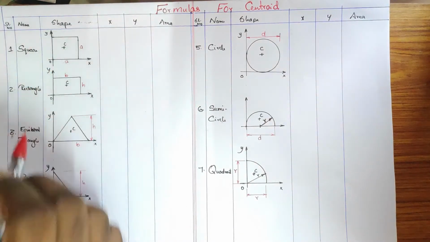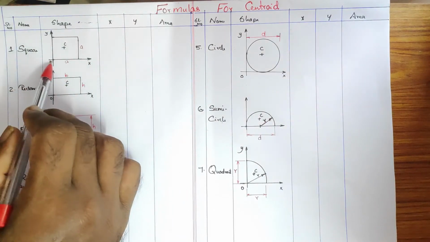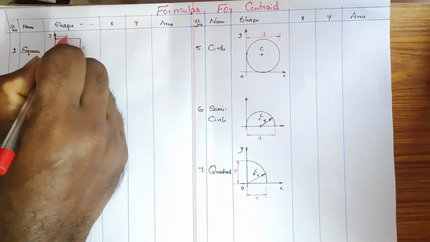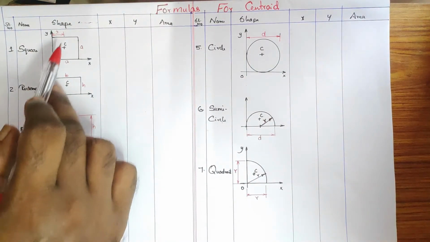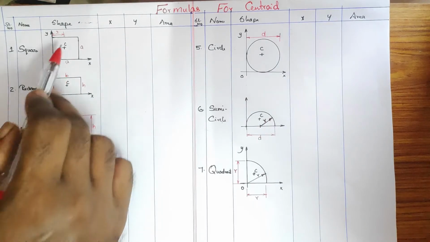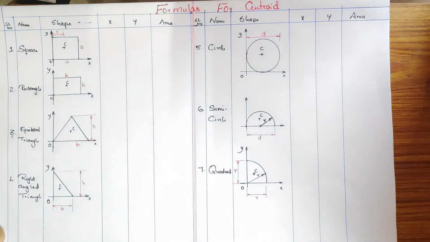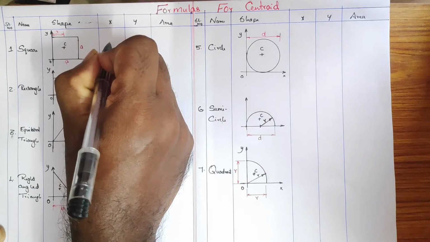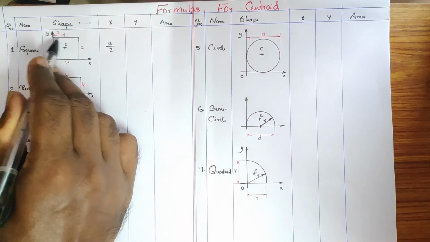If I plot it in the graphical representation, the x, y quadrant from the O, the x distance will be half of the length a, that means a by 2 from the O point along the x axis.